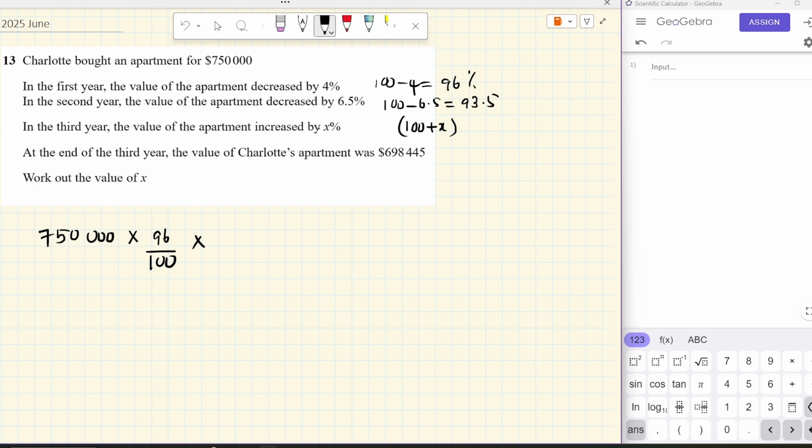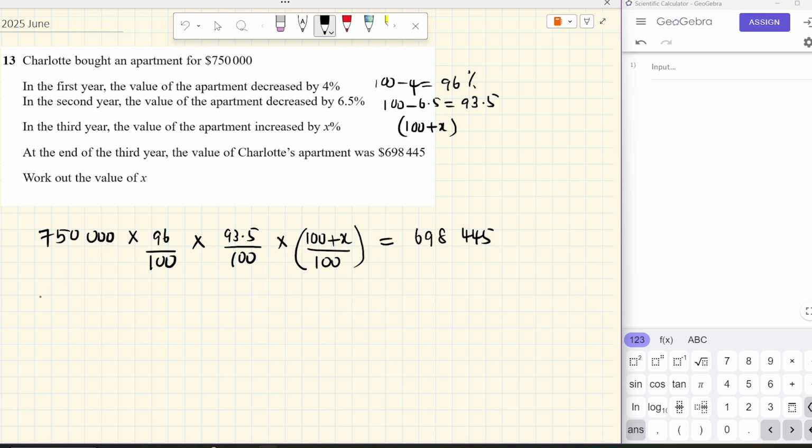So the new percentage is 93.5. That is 93.5 over 100. It's a fraction. Then the third year, it is increased by X%. That is 100 plus X over 100 as a fraction. This must be equal. After 3 years, it is 698,445.